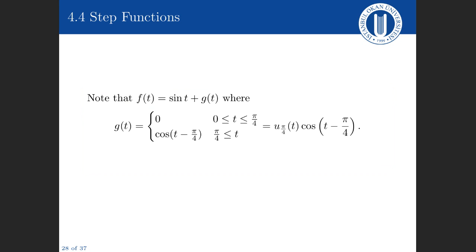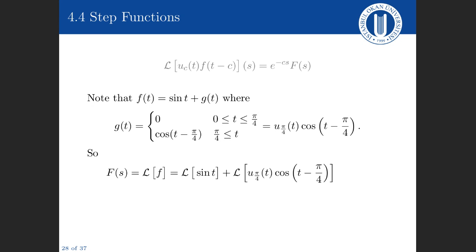The first thing to notice is we can write f as sine t plus g of t, where g of t is equal to u pi over 4 cos t minus pi over 4. Hence, capital F is the Laplace transform of sine t plus the Laplace transform of u pi over 4 cos t minus pi over 4.